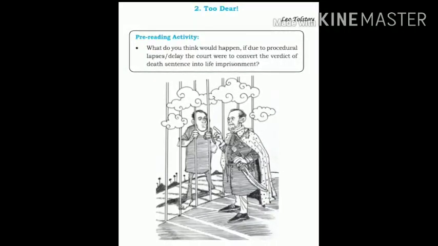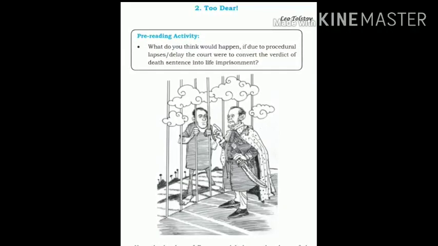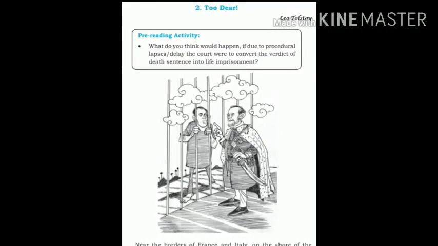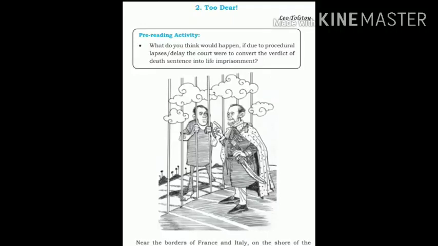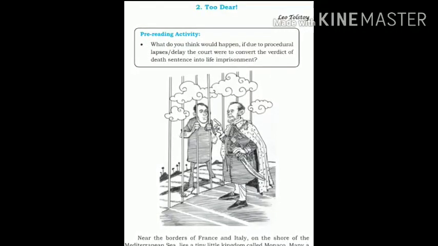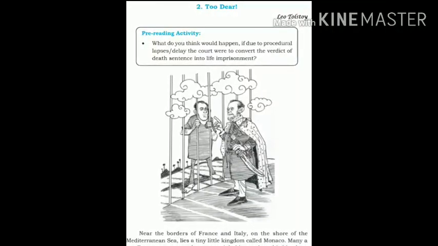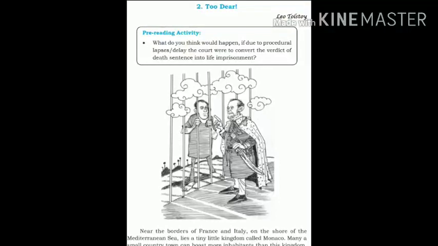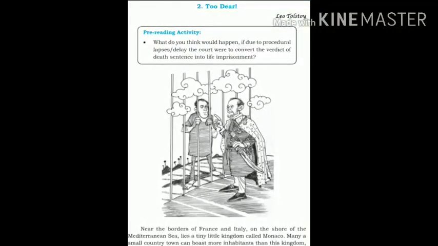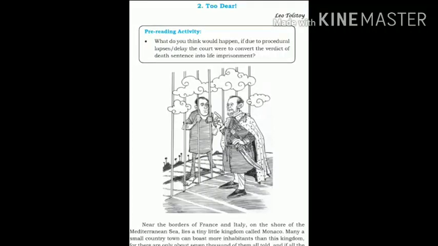Next, many a small country town can boast more inhabitants than this kingdom, for there are only about 7,000 of them all told. The people are praising themselves like we are more people, but exactly there are 7,000 people located in that kingdom.